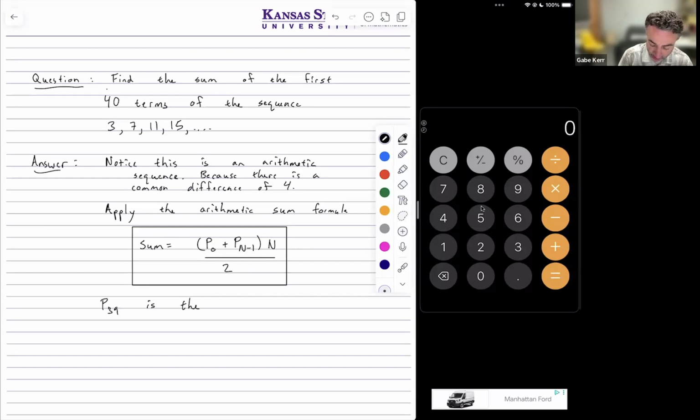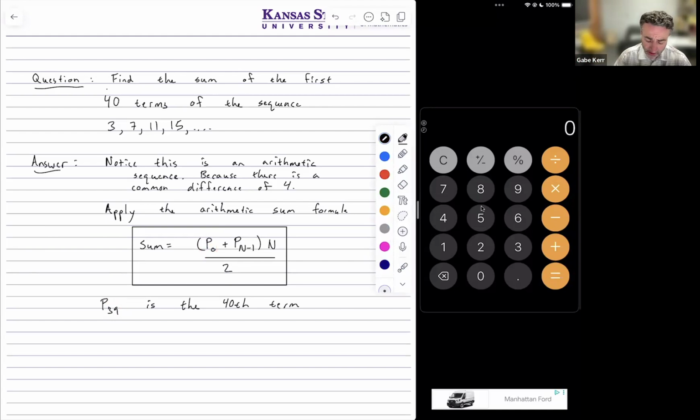Now, this is just something that we have to get our heads around, and the reason it's this way is because we are using this population sequence notation. So the first term has a subscript of 0, the second term has a subscript of 1, the third term has a subscript of 2, and the 40th term has a subscript of 39. So it's a little bit strange, but it's something we can get our heads around.